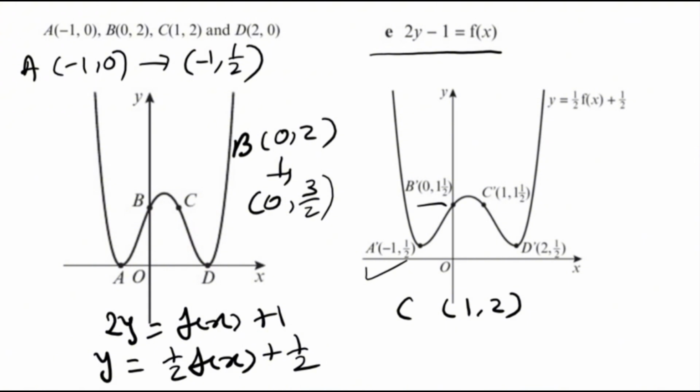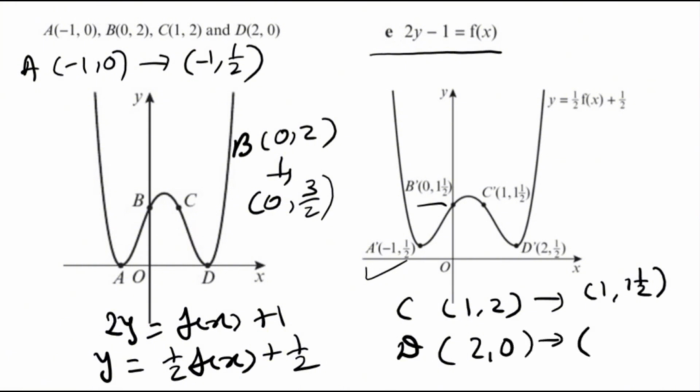This also first times half, which gives you 1, and plus half transforms into 1 and a half. And the D coordinate, which is (2, 0), will transform to (2, 1/2), because the half multiplication does not affect, only plus half will affect. So this is the way we transform all the coordinates.